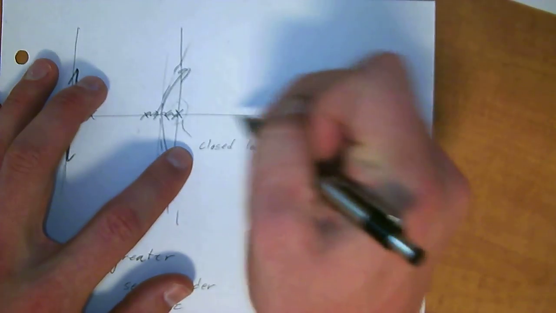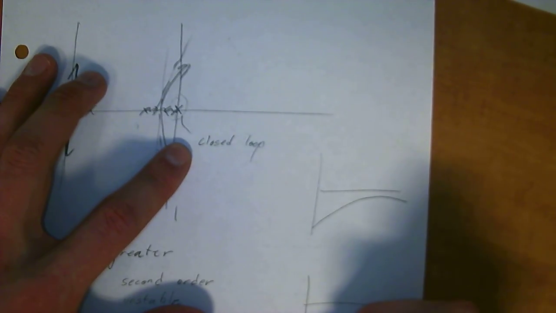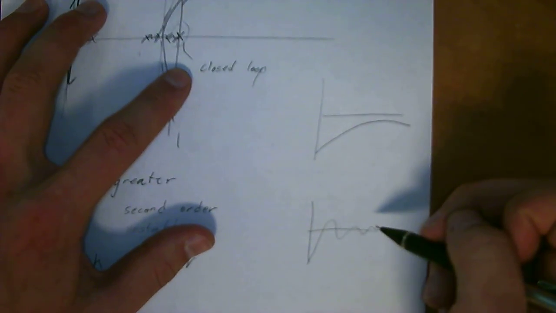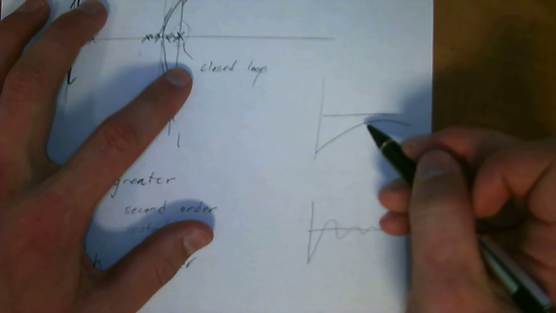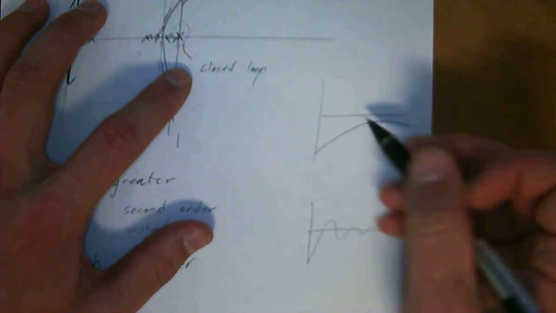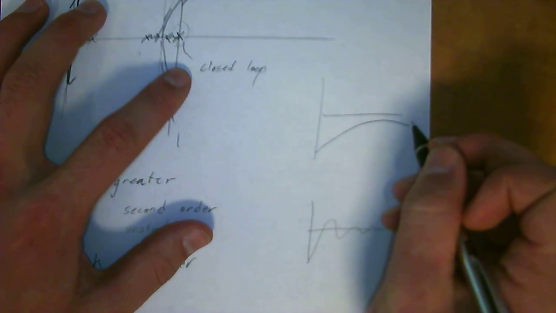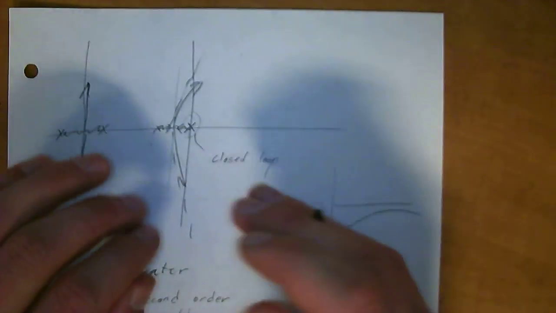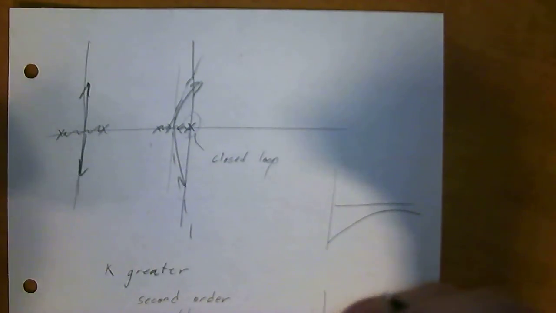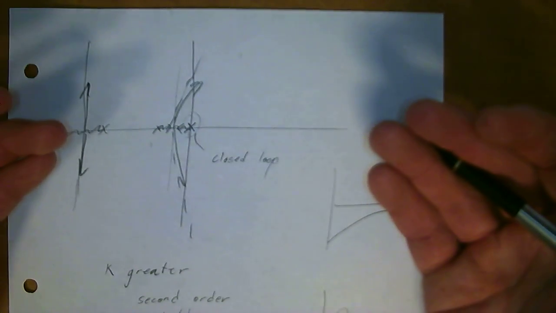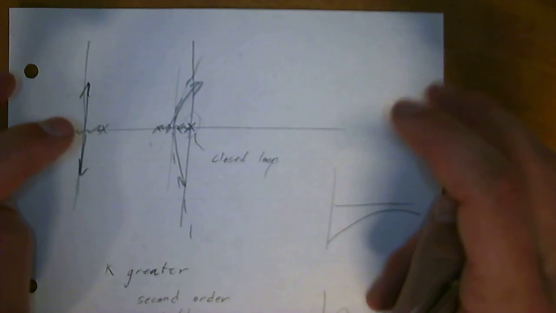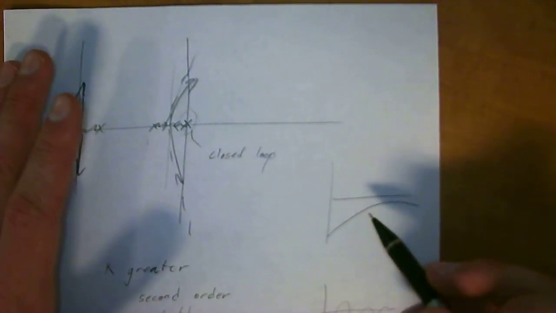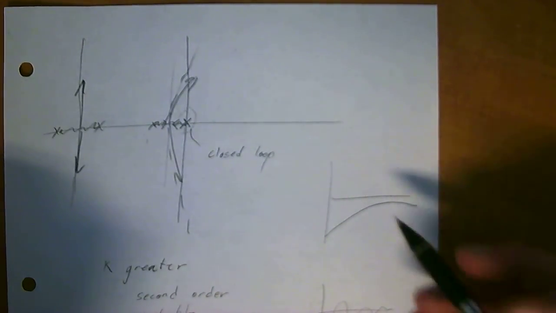But as soon as you move off of the real axis, off of this horizontal line, you start to get some overshoot, oscillation, and settling time. As long as you're on the real axis, you're going to have an overdamped situation, which almost looks like a first order response, so you can take that first pole. That's why that's able to work. Technically it's second order, because you still have these poles there, but as an approximation it's okay to use a first order response.